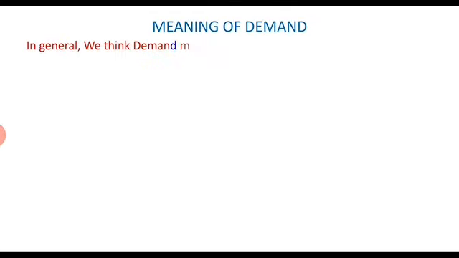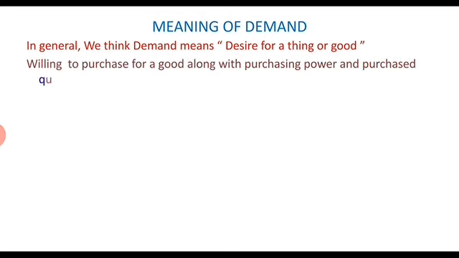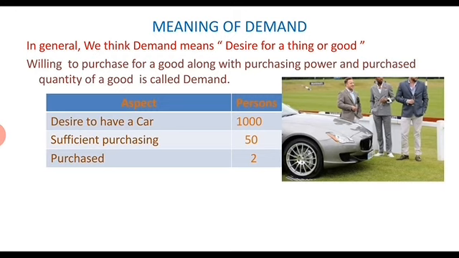Meaning of demand. In general, we think demand means desire for a good or a thing. But in the economic sense, willingness to purchase a good, along with purchasing power and purchased quantity of a good, is called demand. Now, see an example. Desire to have a car is 1000.